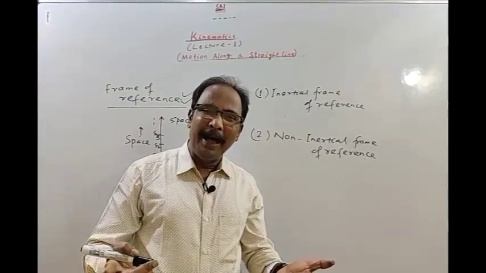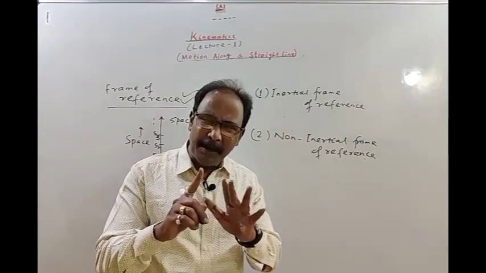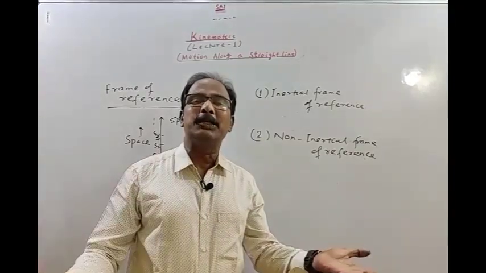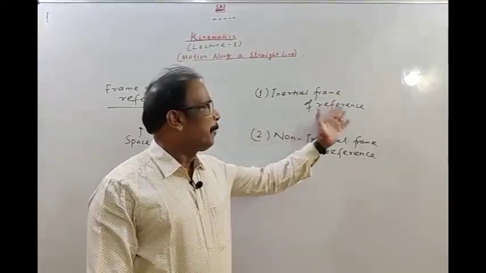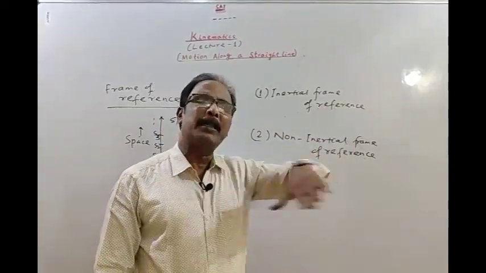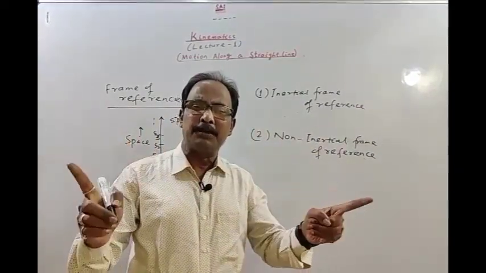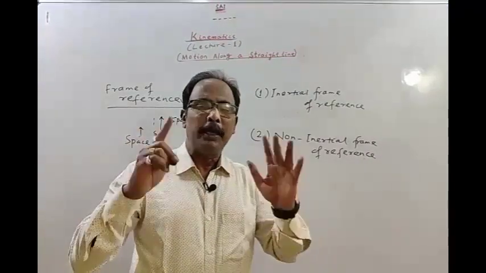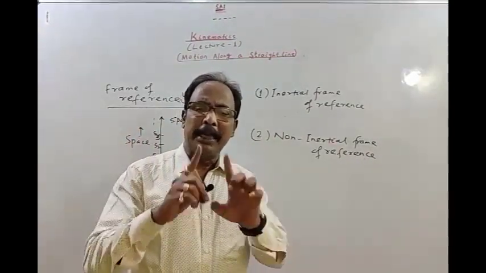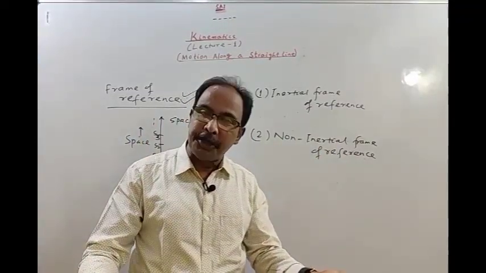Okay. And we know acceleration is the rate of change of velocity, in a simpler way. Acceleration is produced if velocity changes. If the frame of reference is either at rest or moving with constant velocity, then there is no change in velocity, which means acceleration is zero.